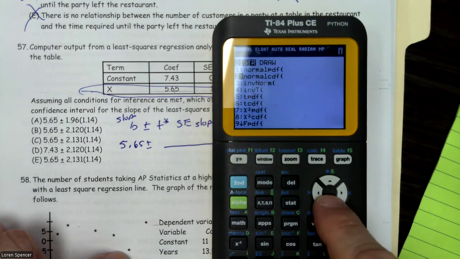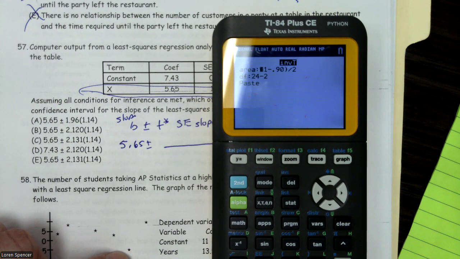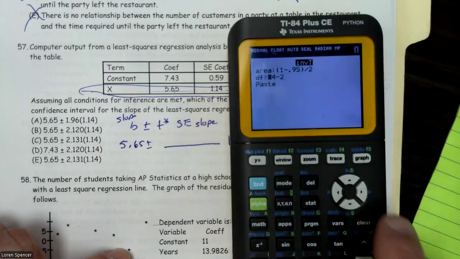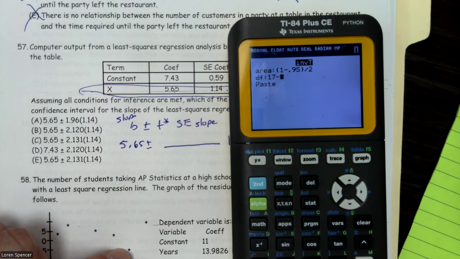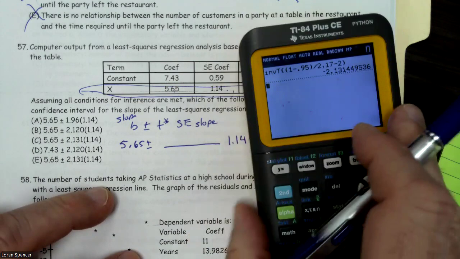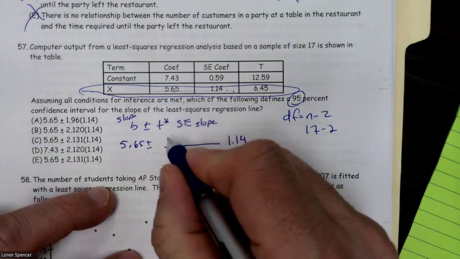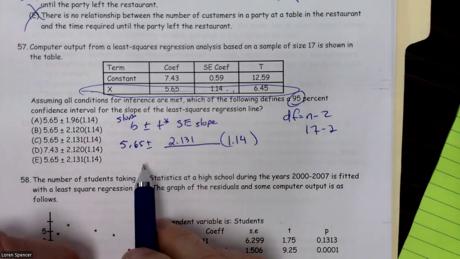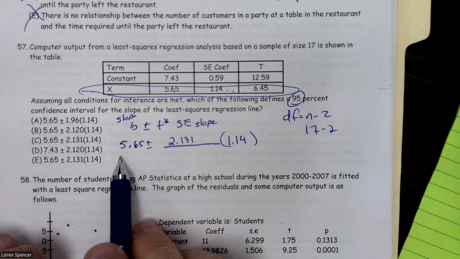So second vars inverse T, parenthesis 1 minus 0.95, close parenthesis, divided by 2. Degrees of freedom in this case are 17 minus 2. And we get 2.131 times 1.14. All right.